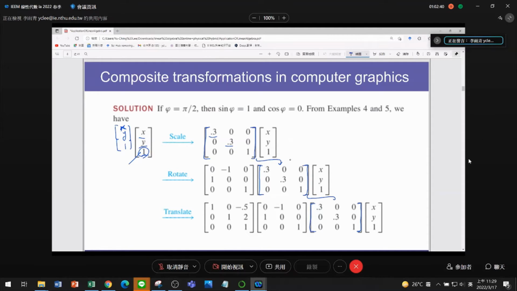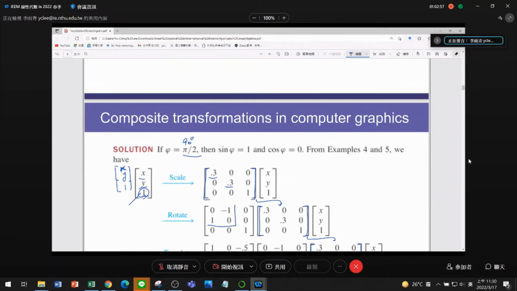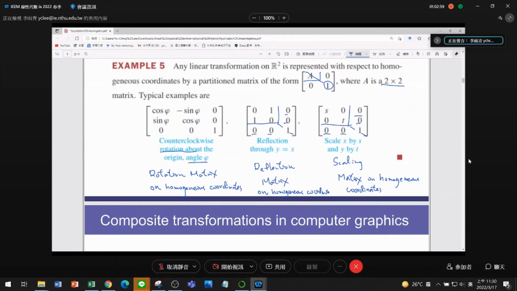And the second step, we need to do the rotation. Here the rotation is 90 degrees. So we need to use the cosine phi, negative sine phi, sine phi, and cosine phi matrix to do the job.